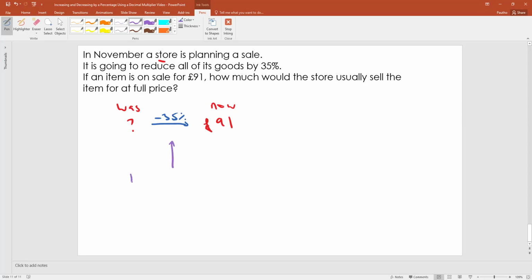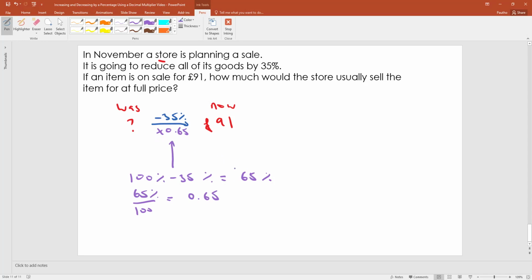Find your decimal multiplier. So 100% take away 35% is 65%. Then 65% divided by 100 to make my decimal is 0.65. And I expect when they do sales in shops, I expect the shop's computer systems actually do this to the prices.